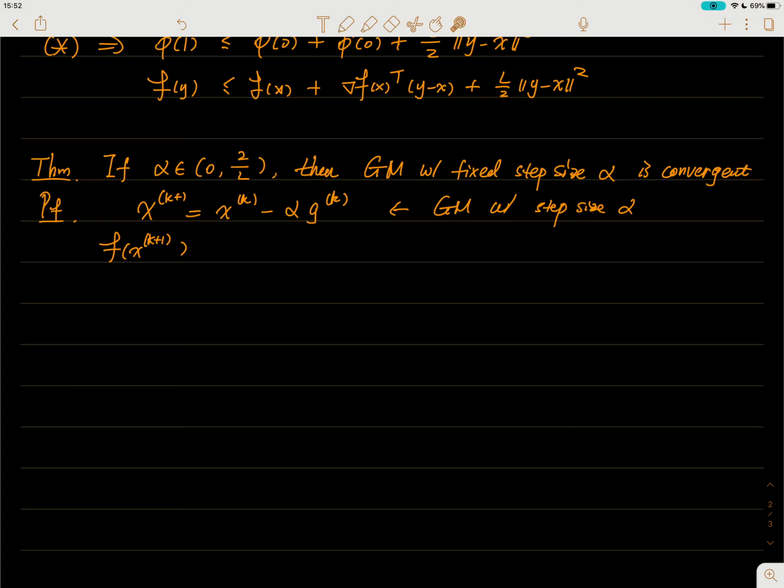Because this holds for any x and y, let's take y to be x k plus 1 and x to be x k. So by copying this formula, my f of y should be less than or equal to f of x, which is f of x k, plus gradient f at x k transpose times x k plus 1 minus x k, plus half L norm of x k plus 1 minus x k squared. I'm just using this formula right here.